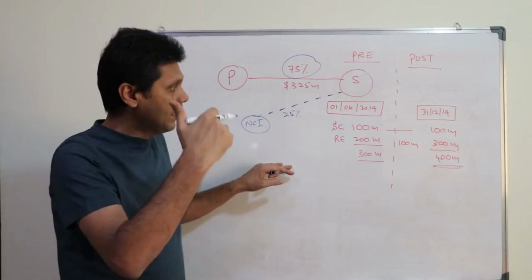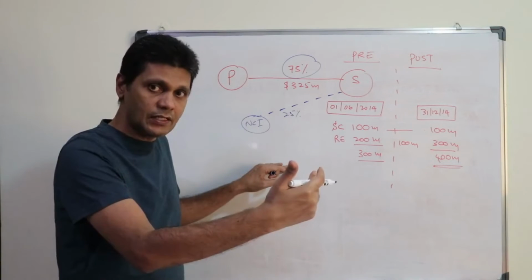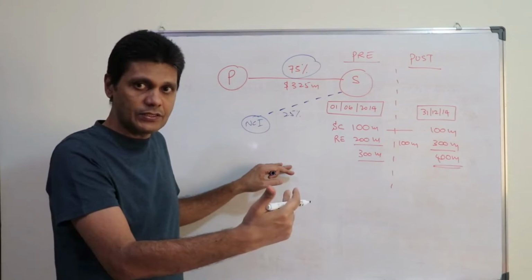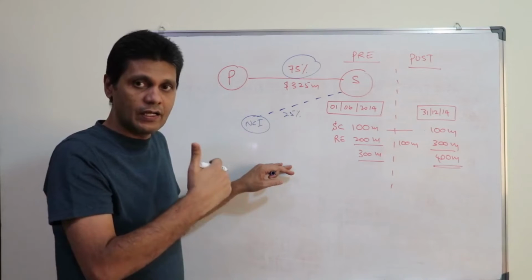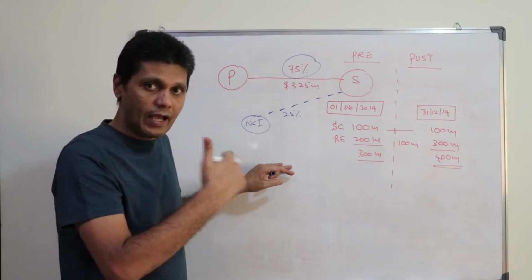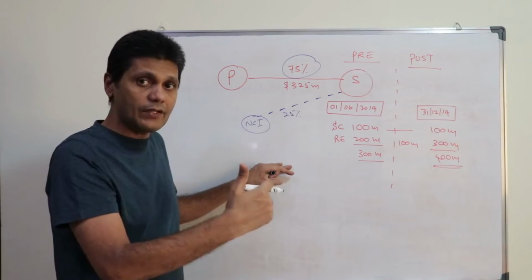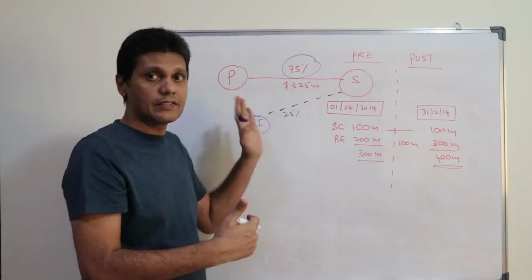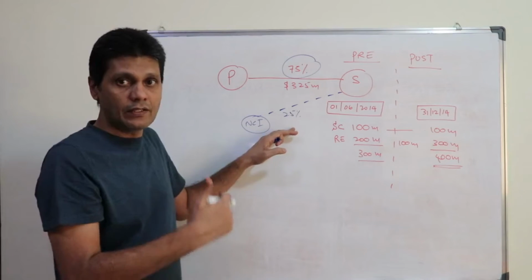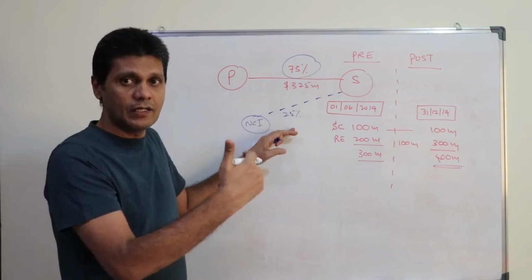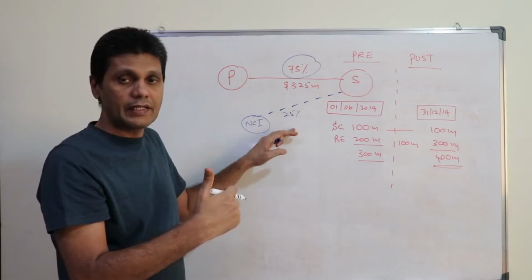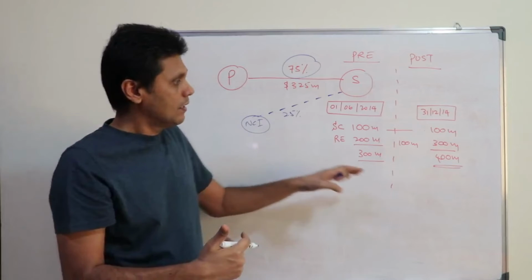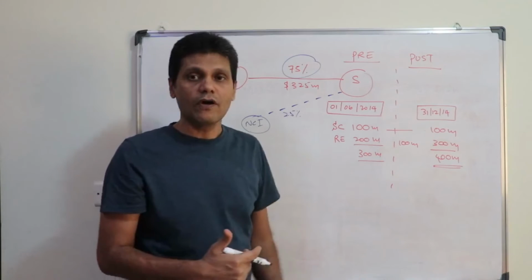At acquisition, what was the net assets? On that you take the non-controlling interest percentage. Thereby you can identify the non-controlling interest at acquisition. Then to that you need to add whatever the post-acquisition profit. On that you take the 25%. Then you add that to the non-controlling interest at the time of acquisition, and thereby you can arrive at non-controlling interest at the time of reporting.